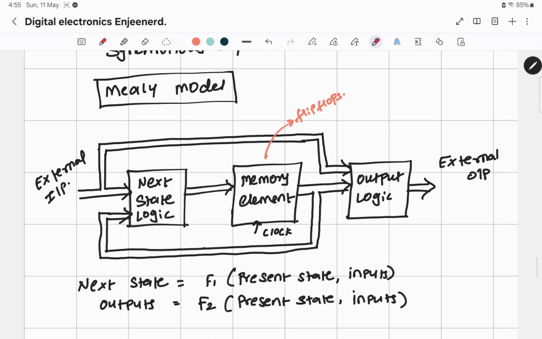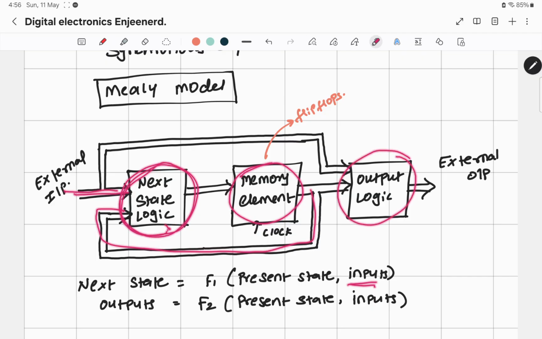Now come to the equations. Next state logic is a function of the present state that I am applying to it and the inputs. The present state is in the memory, so the present state comes as a feedback, and the external inputs that I am applying, that is what the next state logic is a function of.